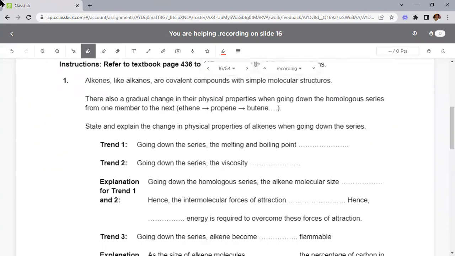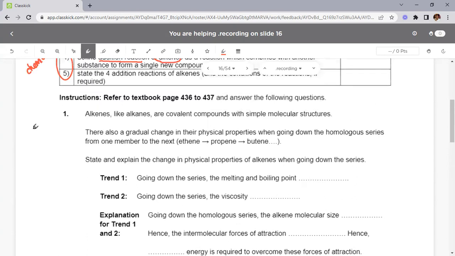Okay, so for alkenes, anyway, alkenes are covalent compounds, so they're actually simple molecular structures. If you remember, when you talk about bonding, we got ionic, we got covalent. And in covalent, we got 2 main types.